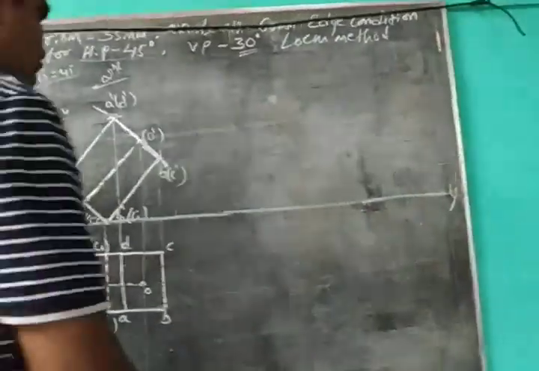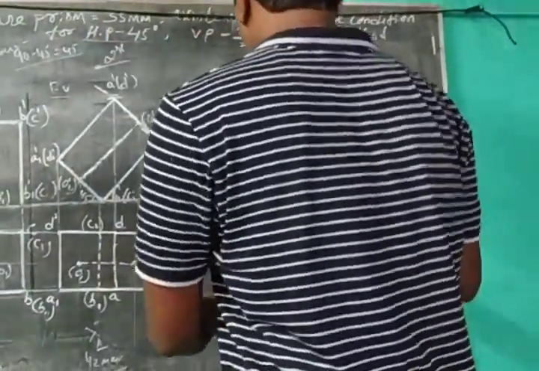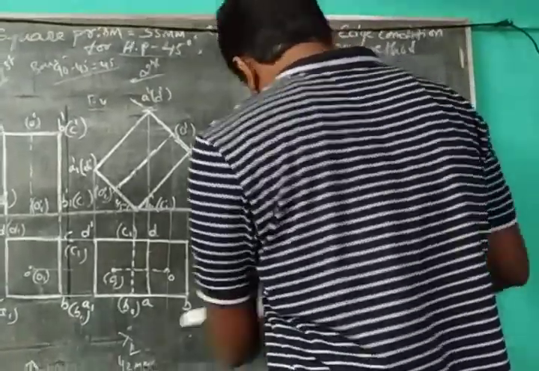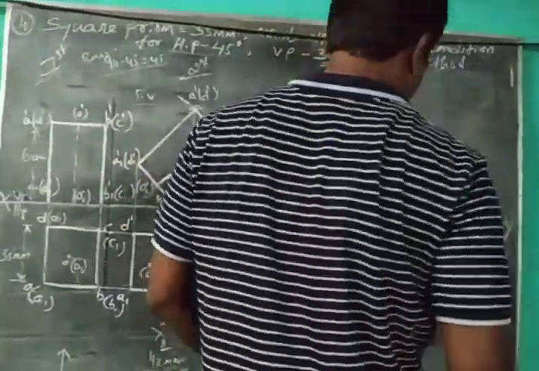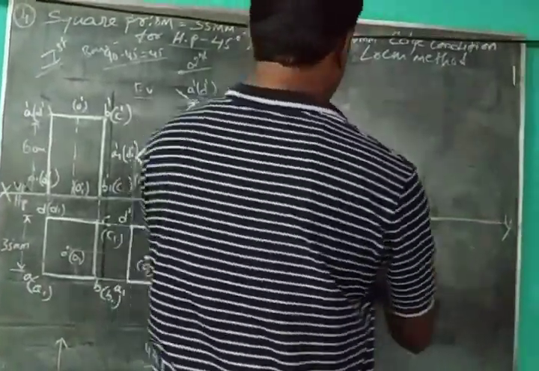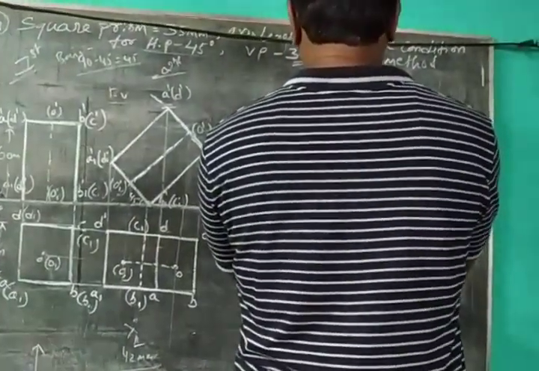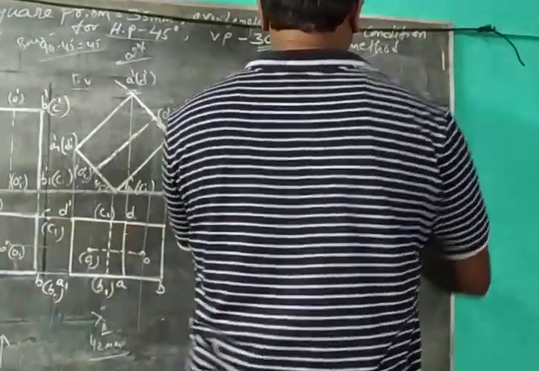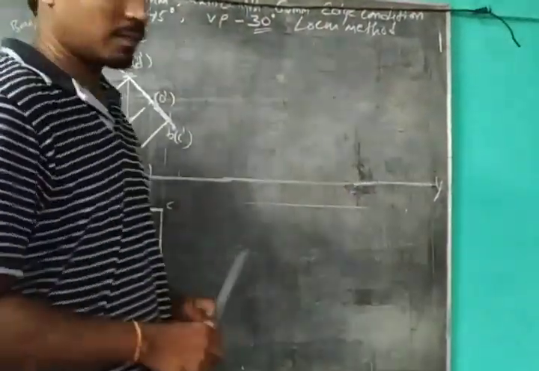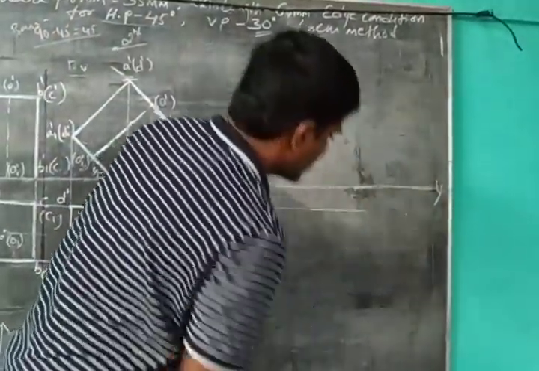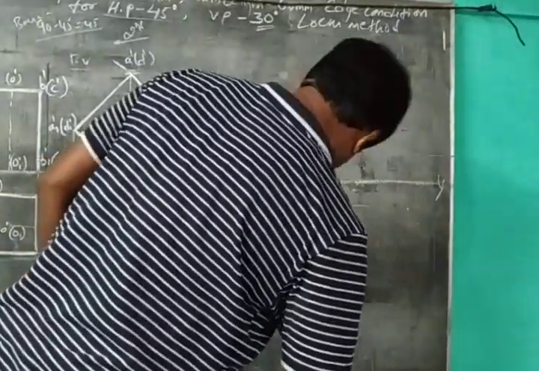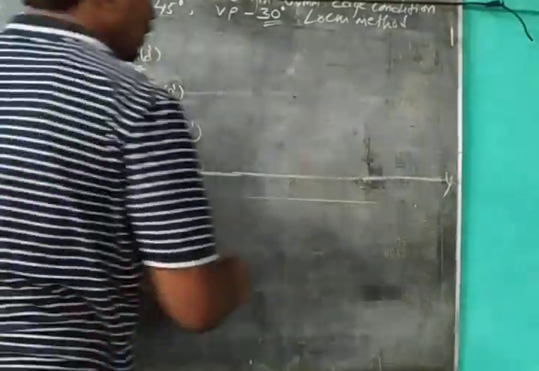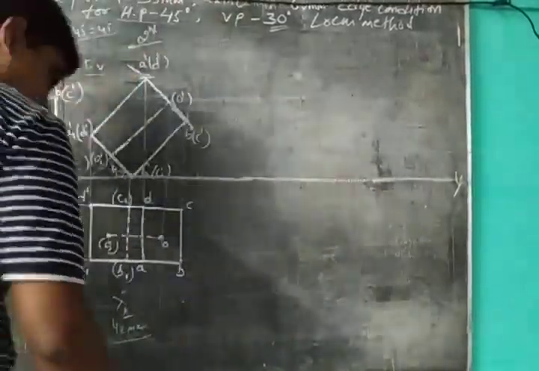Yes, you can draw first the 30 degrees. You can use the protractor and mark the 30 degrees. You just draw one parallel line, and here still move. You can draw, no problem.